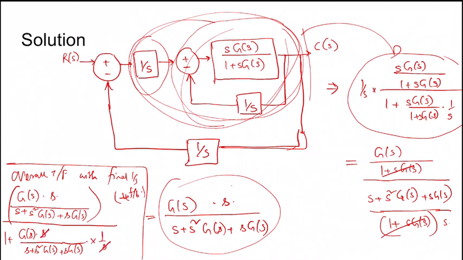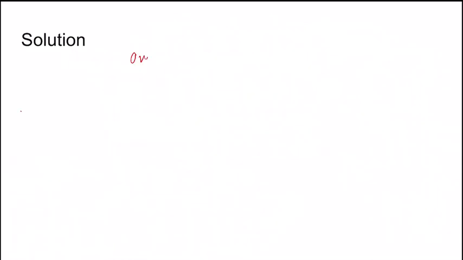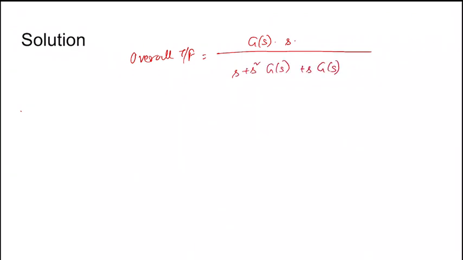So s and s get cancelled, and what you are left with, the overall transfer function, becomes equal to G(s) into s divided by s + s^2 G(s) + sG(s) + G(s).